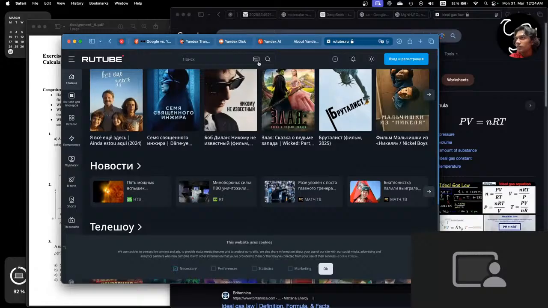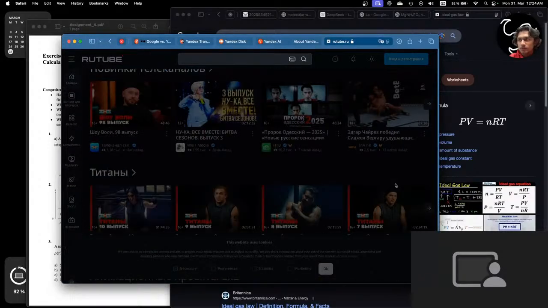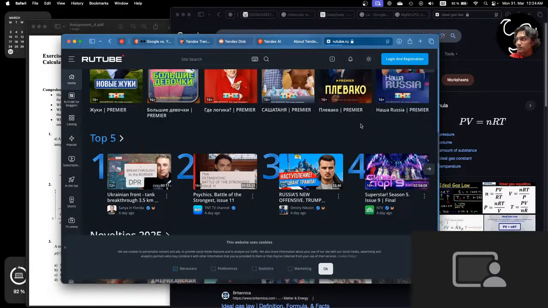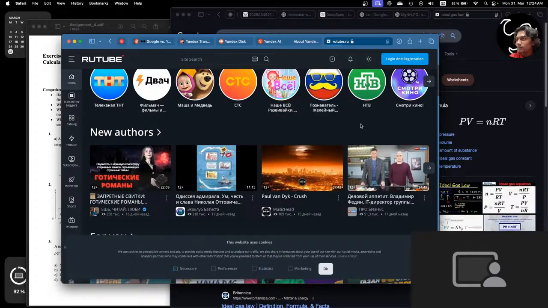Okay. You cannot change the language, I guess, right? It's just, oh man, the computer is going to have a hard time. I never used it, so I don't know.